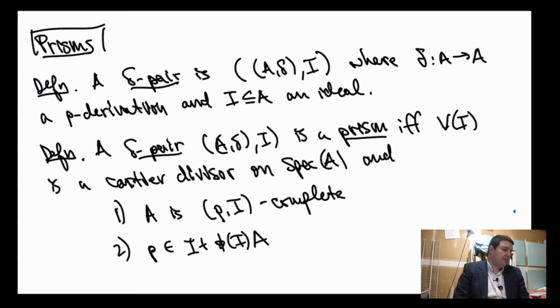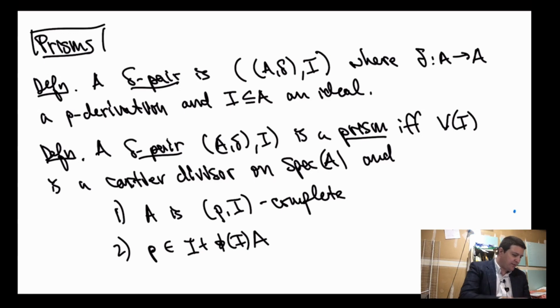What they do is they look at a ring with a p derivation and an ideal, and they demand that this ring is complete, which is not a very big deal with respect to this topology. Formal power series rings would be one. And then you ask that p be contained in the ideal plus the Frobenius of the ideal. Okay, so that's maybe a more serious condition.